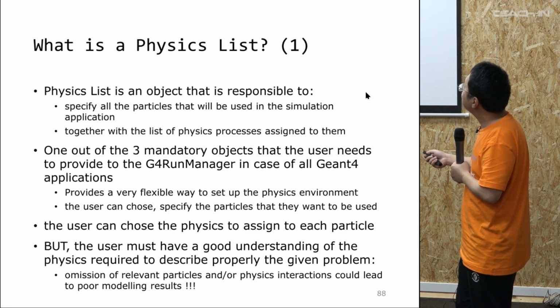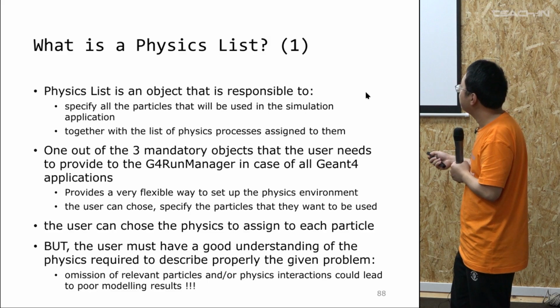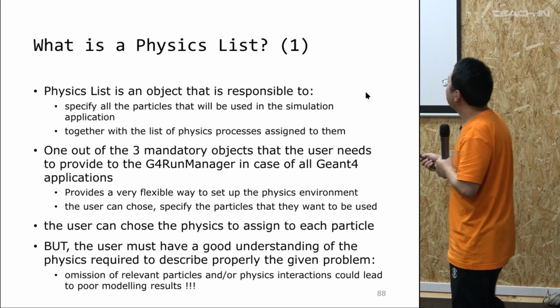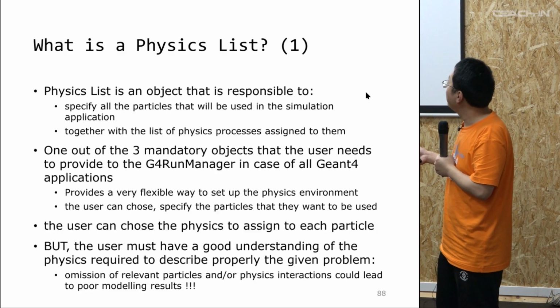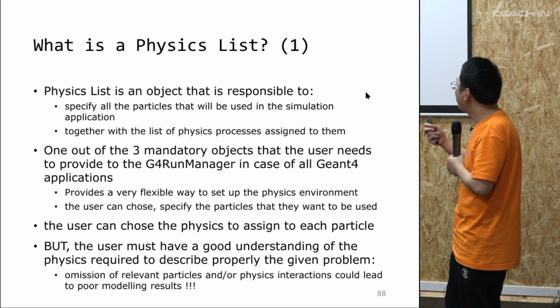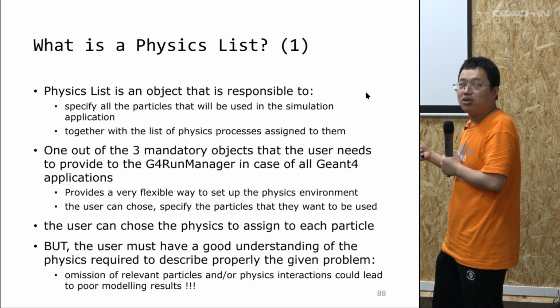We need to specify all the particles and also the corresponding physical processes. And these are the three most important objects that should be created by the user. The user also needs to have a very good understanding of what you use. Otherwise you can get some wrong result.